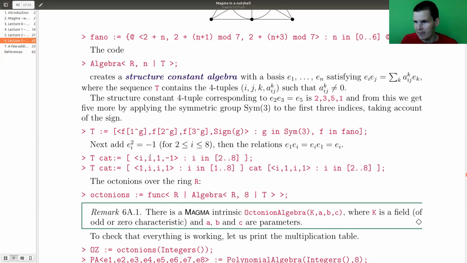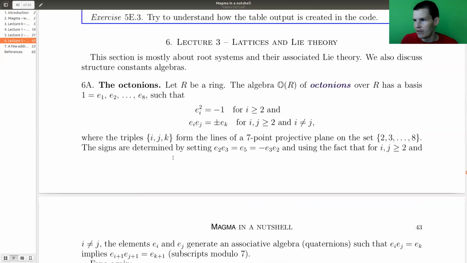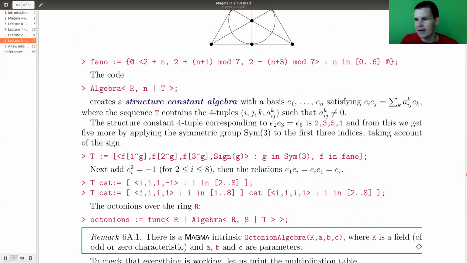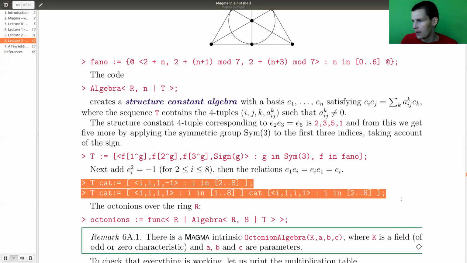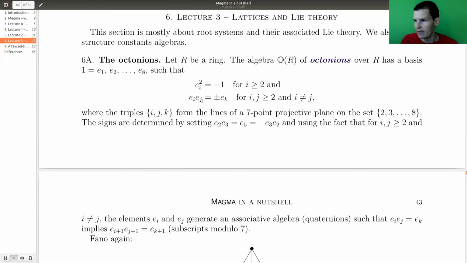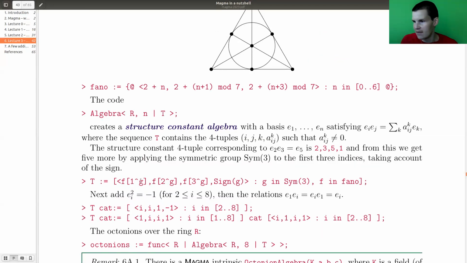So Ei times Ei is minus 1, which is one of our relations here. This, for example, would say 1 times i is i, so 1 is a unit. And similarly, i times 1 is i. So these are just setting up the unit relations, the second one, and the first relation here. And the Fano relations are set up like this.